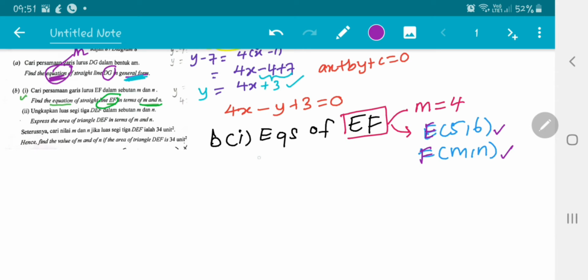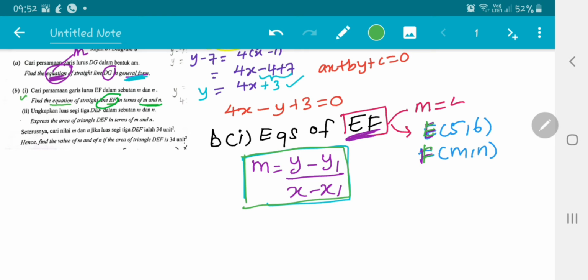Okay, we use the same formula. Gradient formula, y minus y1 over x minus x1. Right. Okay, so now our x, y coordinate, you can take either one. It's up to you lah. Mana-mana tak kisah nak label sebagai x, y.